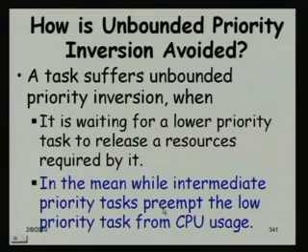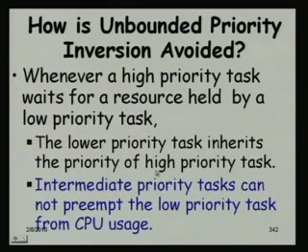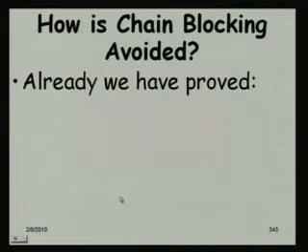But here that is not possible, because the lower priority task would inherit the priority of the highest waiting priority task by the inheritance clause. So, the inheritance clause will prevent unbounded priority inversion. It is not possible that intermediate priority tasks would preempt the lower priority task from CPU use, whereas the higher priority waiting task keeps on waiting.